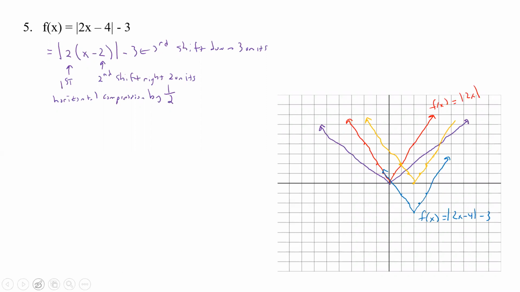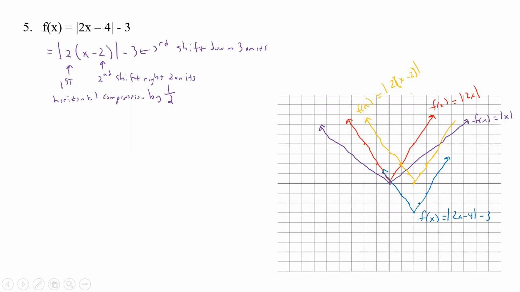And then the purple was the original, f of x equals absolute value of x. And then the orange was f of x equals absolute value of 2 times x minus 2. And that's parentheses, and that's absolute value there.